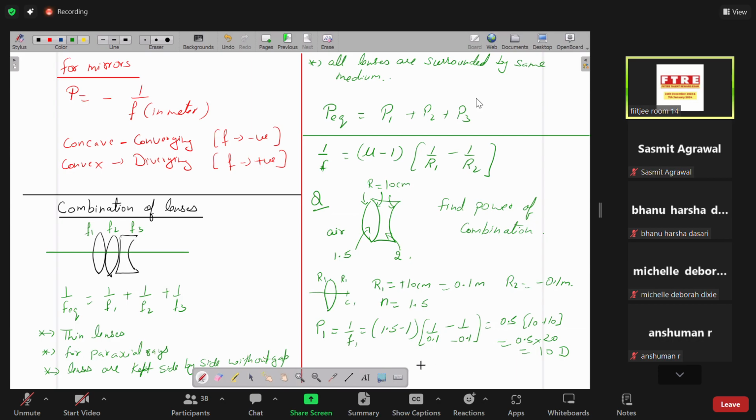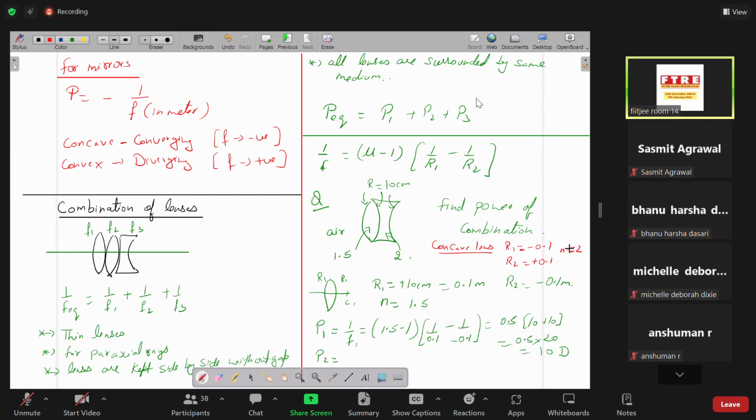For the second lens, in the same way, we can find P2. For P2, my R1 will be negative and R2 will be positive. I hope it is clear to everyone. For the concave lens, R1 will be minus 0.1 and R2 will be plus 0.1, and the refractive index is 2.